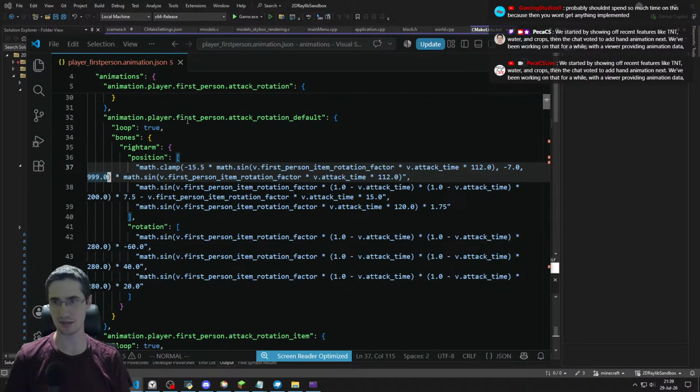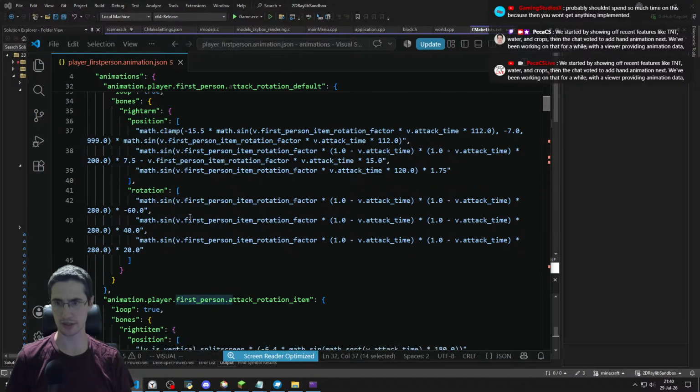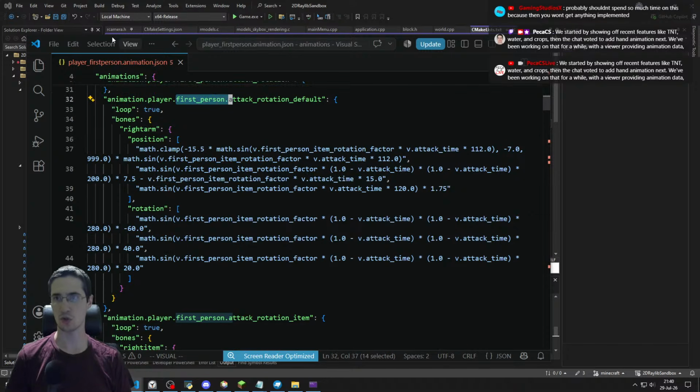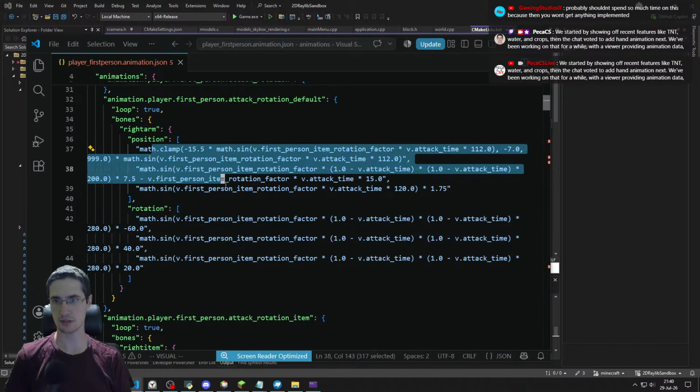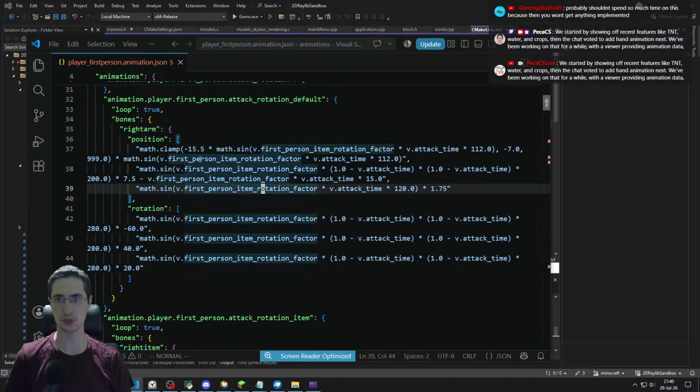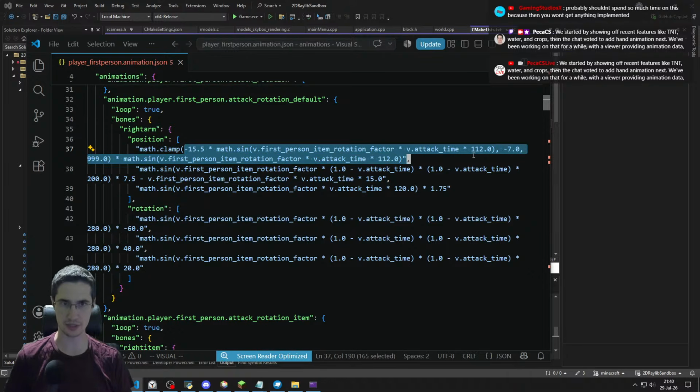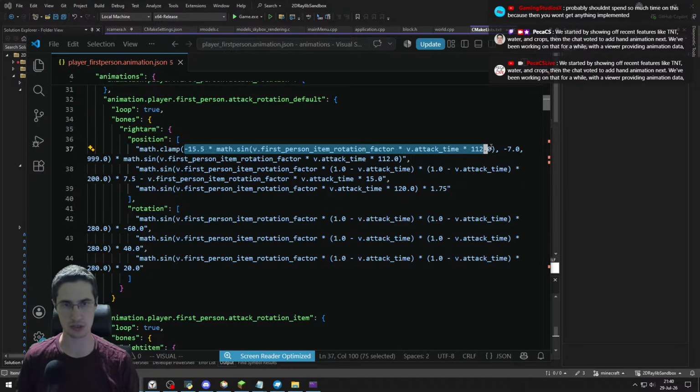Coincidentally, it has animation for the player in first person for the right arm. They use sine functions, not cosine. I decided to use these functions in my game, but remove these complicated parameters, put in some variables, and in game play around with the parameters until we get something close to Minecraft.